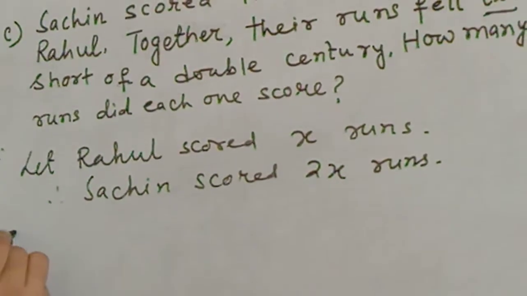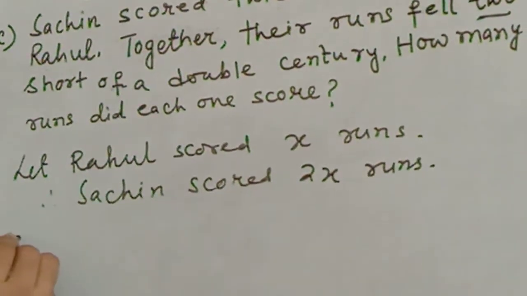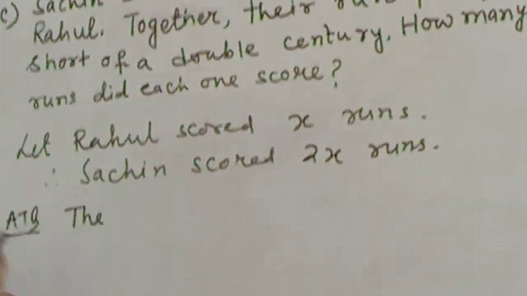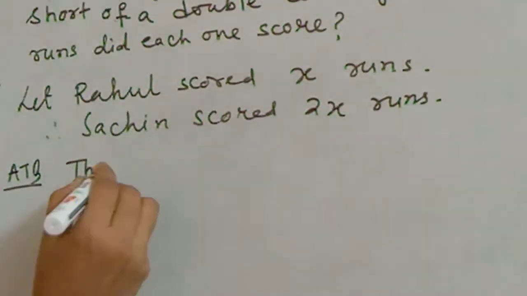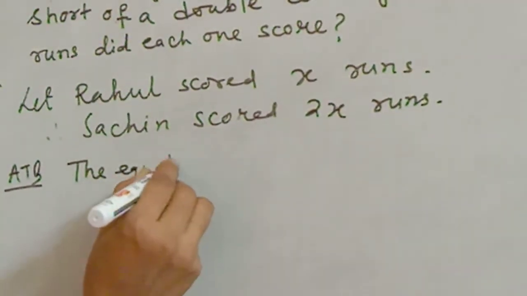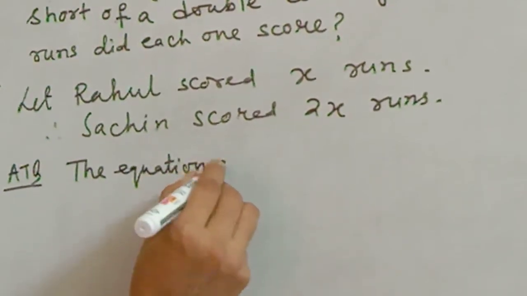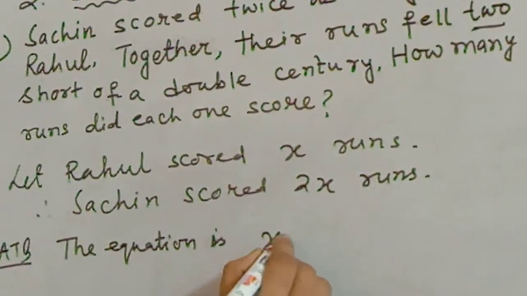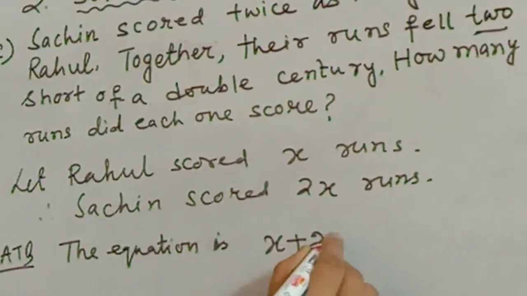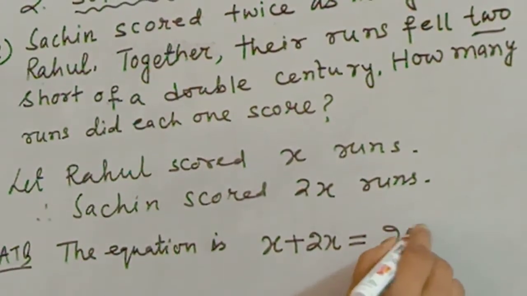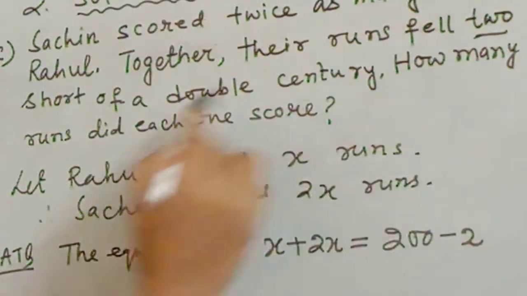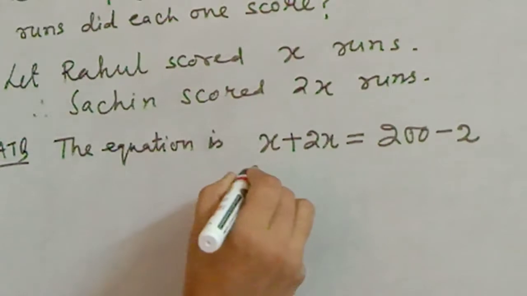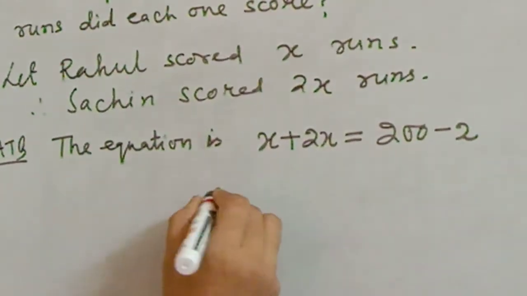According to the question, the equation is: together their runs, Rahul's runs plus Sachin's runs, equal to 200 minus 2, since 2 short means 200 minus 2. So x plus 2x is equal to 200 minus 2.